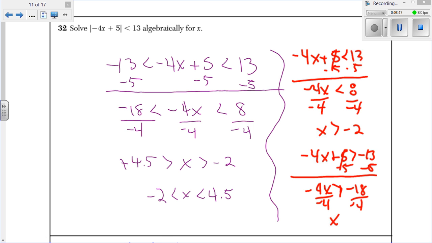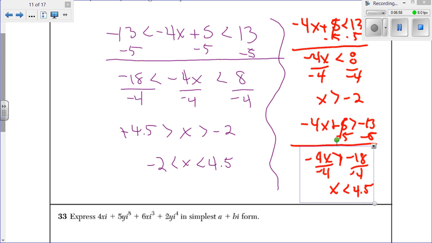So x is less than 4.5, which is the same thing as what I have over here, just two different ways of looking at it. You still get the same answer. It's greater than negative 2, but less than 4.5. It's between negative 2 and 4.5, and that's really all that we are looking for.